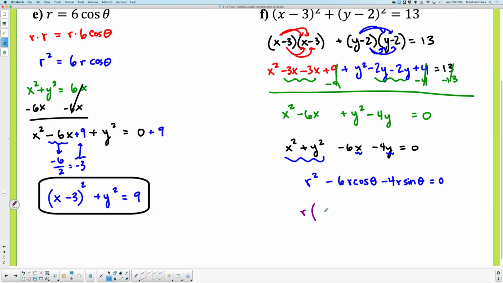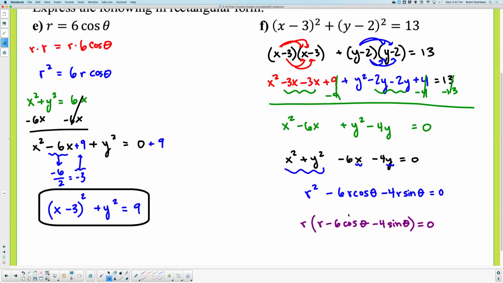If I factored out the r, you'd be left with r minus 6 cosine minus 4 sine. If you wanted to write it that way, you could. I don't know which way would be more proper on this one. I'm going to leave it like this, but this equation would be the same exact thing.